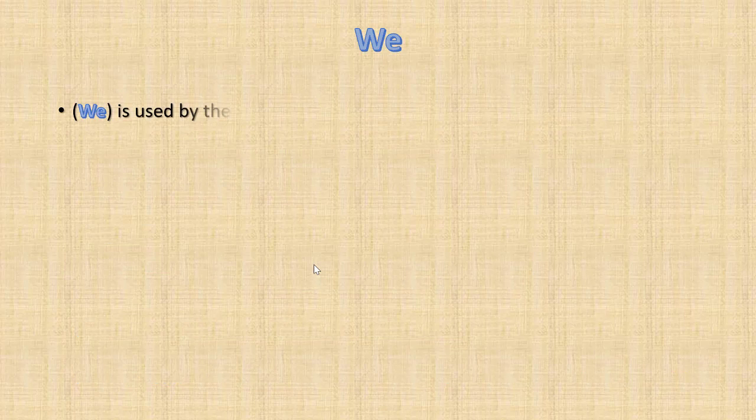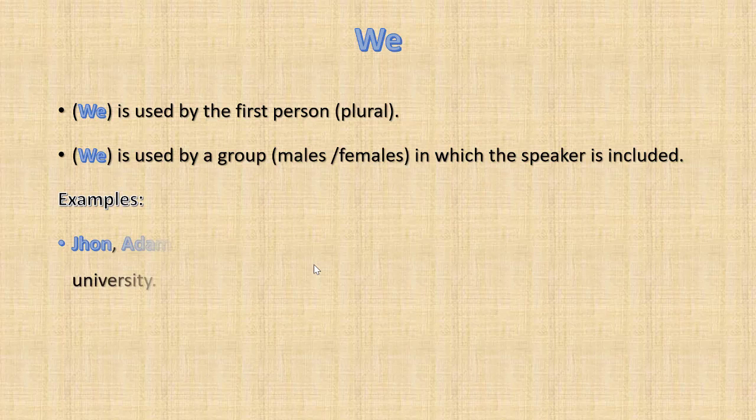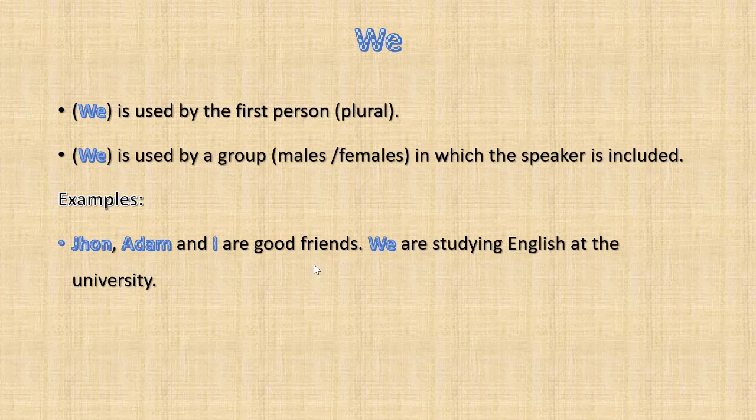We is used by the first person plural. We is used by a group, males or females, in which the speaker is included. Examples: John, Adam, and I are good friends.